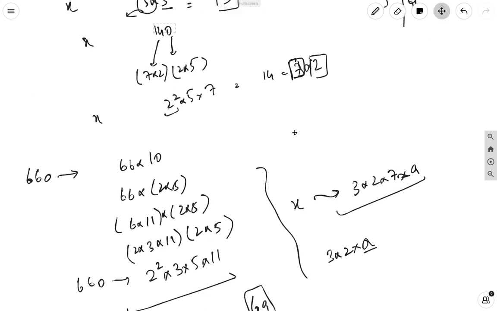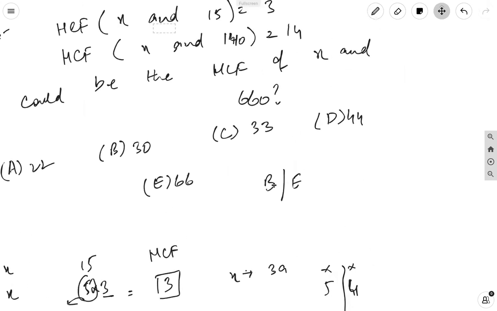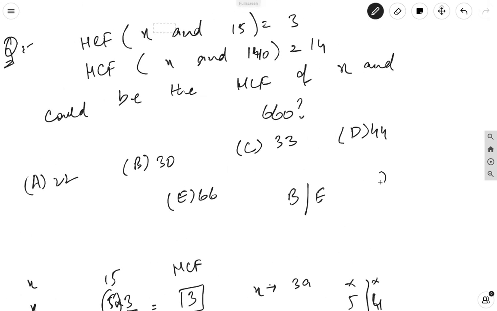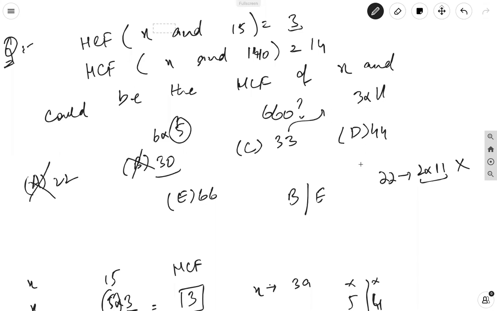Now if we move to the options, the first option is 22, that is 2 into 11. Straightforwardly ignore that because there is no 6 in that. This is not possible. B is 30, that is 6 into 5. But at first we saw that if 5 is included, the HCF will be greater than 3, not 3, so this is also not possible. C is 33, that is 3 into 11, but in our case it must be a multiple of 6, so also not included.